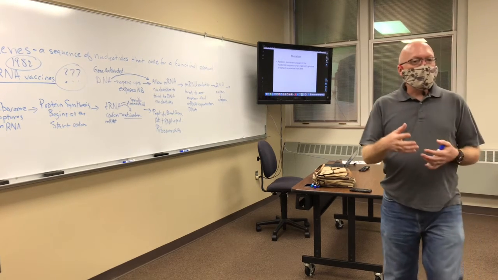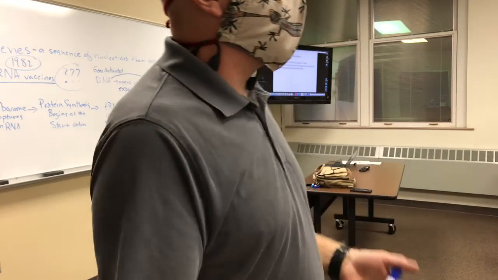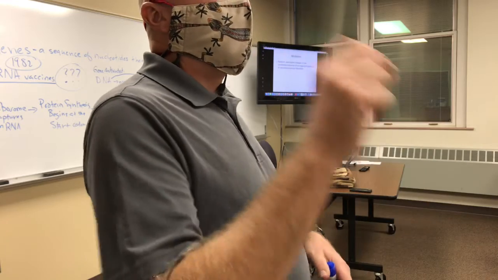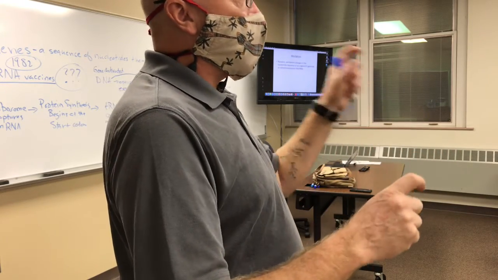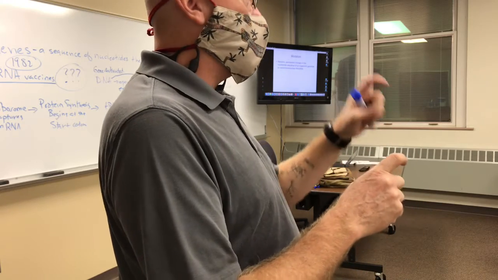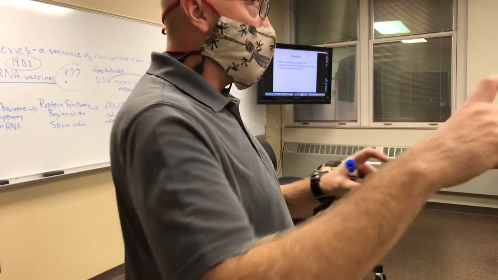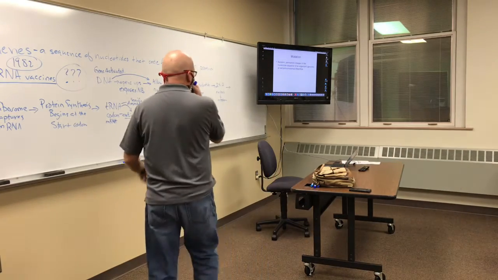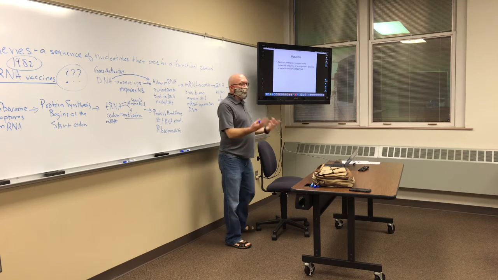So these errors are random, they're undirected, they just happen as you're copying DNA. Remember that you can transcribe DNA into messenger RNA, but you also make copies of your DNA during cell division, so you're also transcribing DNA into DNA when you're getting ready for cell division. So whenever you make a copy of something, you can make copying errors.